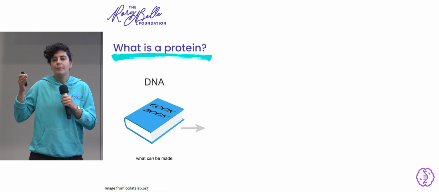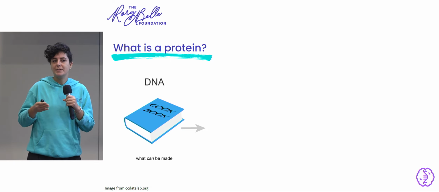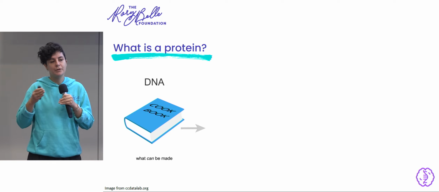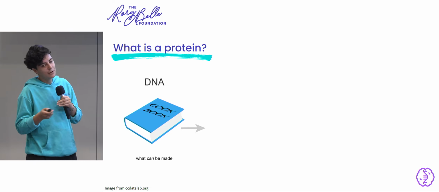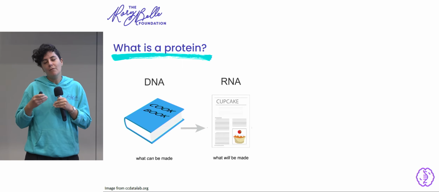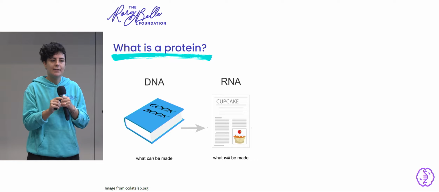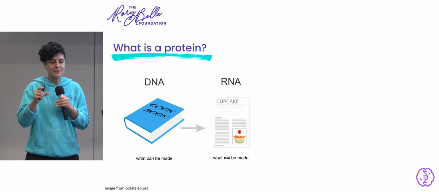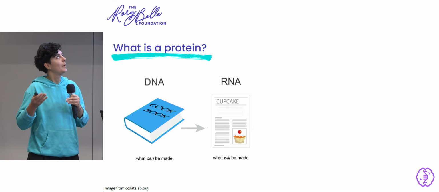But when you're making different tools that are going into cells, you do not want to touch the original cookbook so it doesn't get altered to pass on to different cells. So that's why we have RNA, which is taking a little chunk of DNA or a gene and taking this information, and you can see it as a recipe for a cupcake, for example.